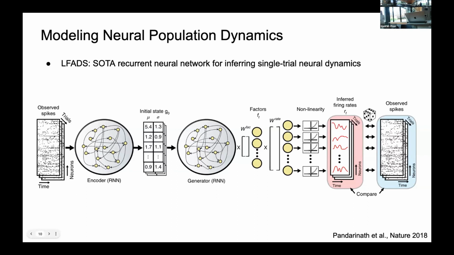But the problem with this RNN-based model is that it has to process the neural time series in sequence. So this will obviously cause some unwanted latency when we want to deploy these models in real-time applications.